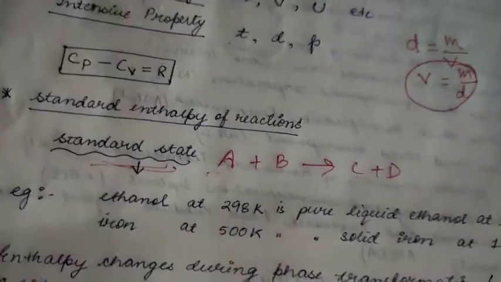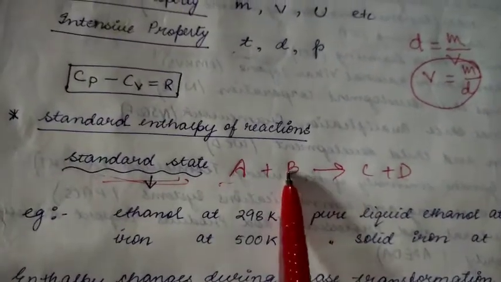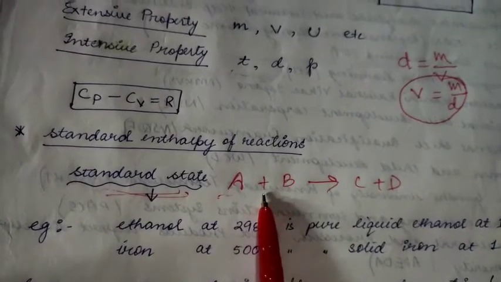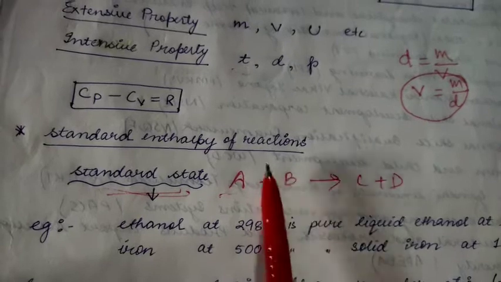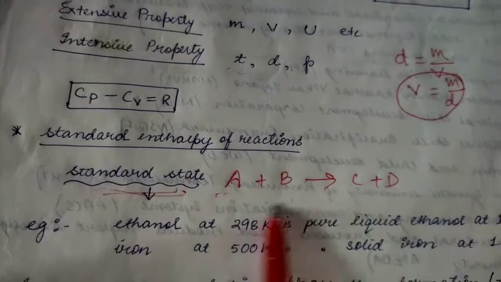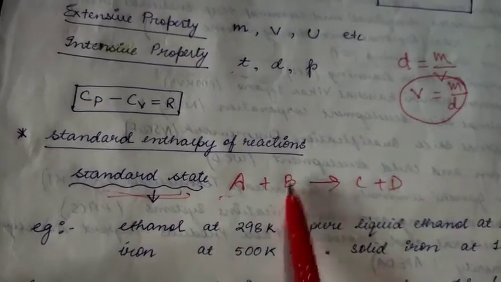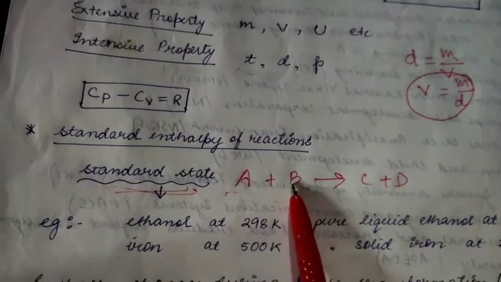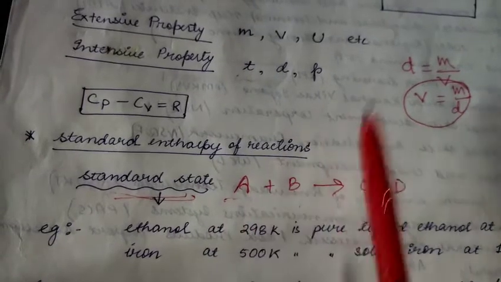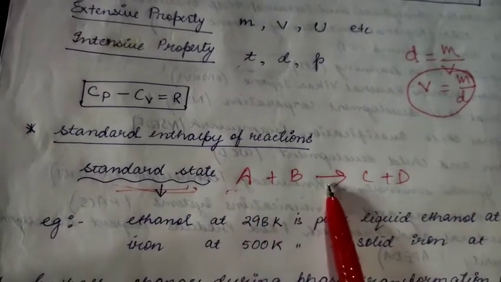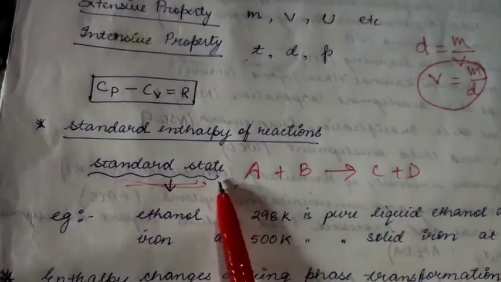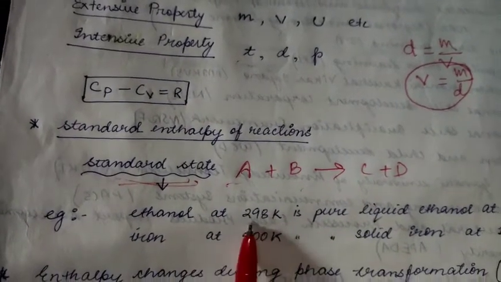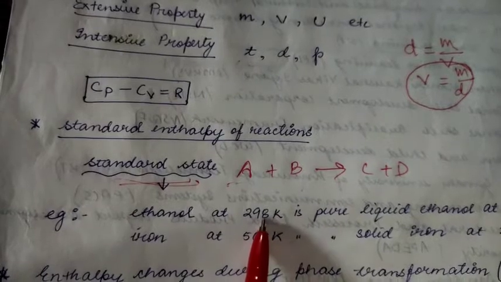Is it clear? Only when the participating elements or compounds are in the standard states can we define that the enthalpy change occurring here, either enthalpy will increase or enthalpy will decrease, isn't it? So that change will be standard when the participating elements are in their standard state. And what is the standard state? The standard state of a substance at a specific temperature, you see, at a specific temperature. Why?